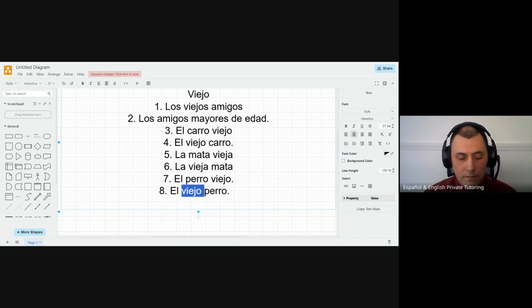Now here you can think that because it's a dog, in both cases, the seventh and the eighth will mean the old dog, but it's not. When it comes to animals, we only use viejo after the noun, not before the noun. That means that the eighth one is incorrect. We cannot do that with them.